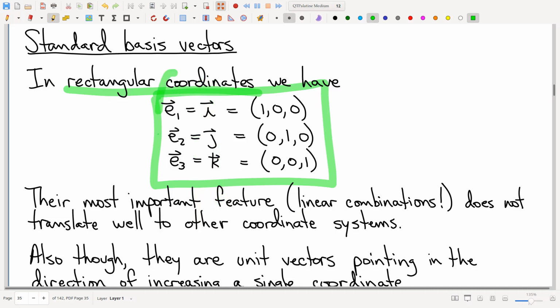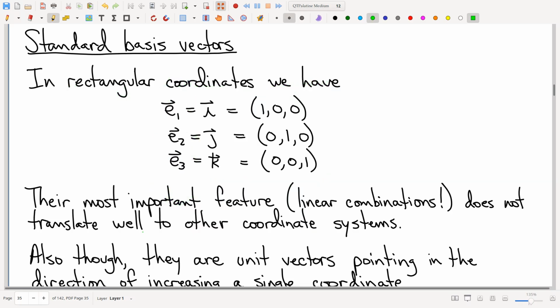I like to point out that if you're not in 3 dimensions, e1, e2, e3 is a much better convention because it's easier to see how that generalizes. If you're dealing with 7 variables, e1 through e7. Nice and simple.